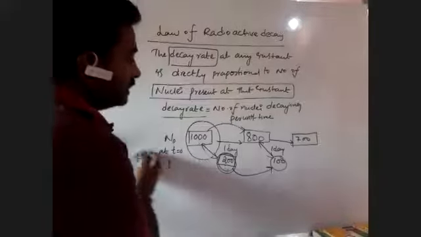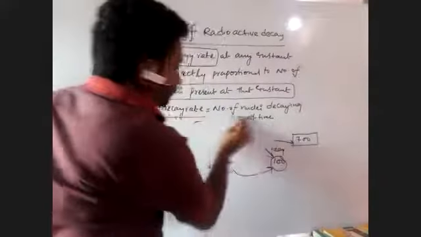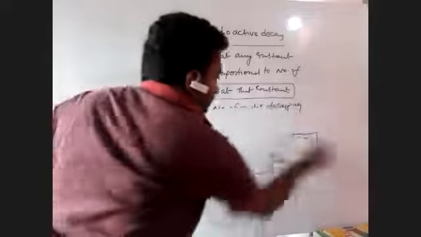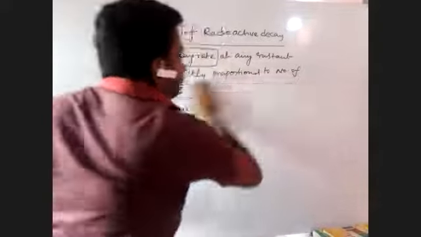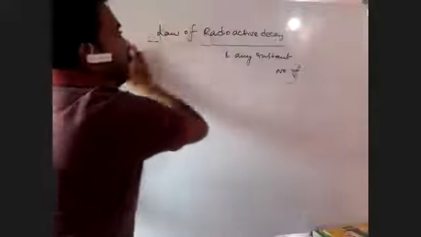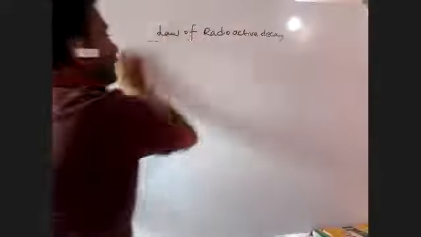So we'll discuss its mathematical form now. Law of radioactive decay. In this law, I'll take N as the number of nuclei present at some instant.